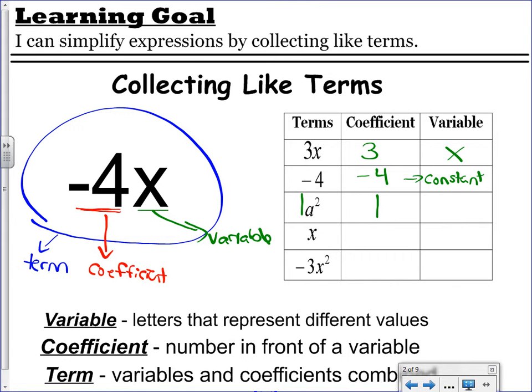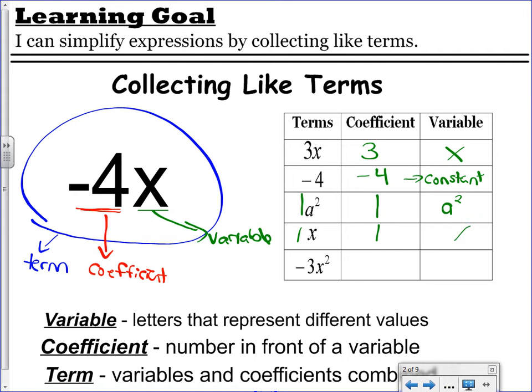Ben, what's the variable here? Very good. Jericho, what is my coefficient here? 1. Good. Again, there's no number out in front, so I have a 1 here. And Kevin, what's my variable here?